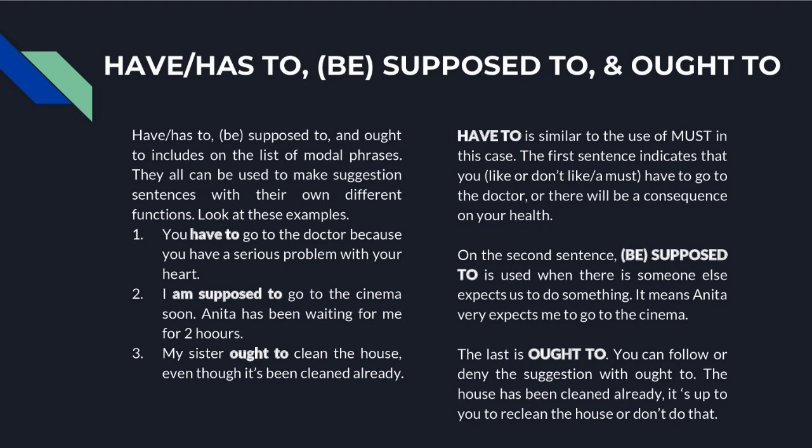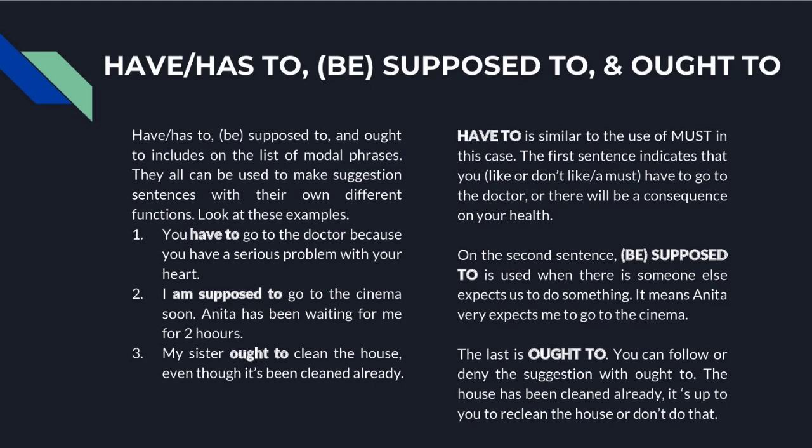And next, in the second sentence, be supposed to is used when there is someone else who expects us to do something. It means Anita expects me to go to the cinema. Ya, jadi di kalimat kedua penggunaan be supposed to, kalau kita menggunakan be supposed to berarti ada orang lain yang mengharapkan kita melakukan sesuatu.